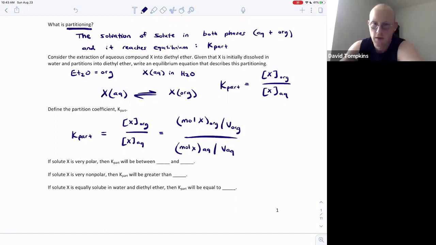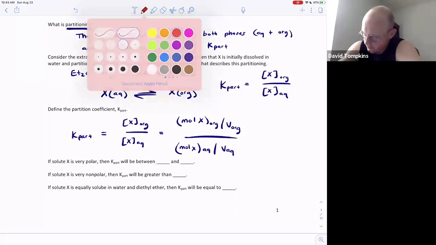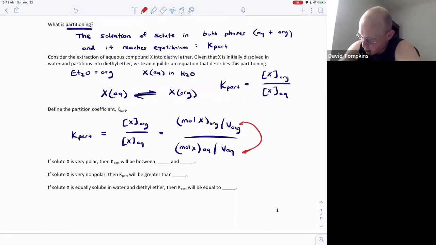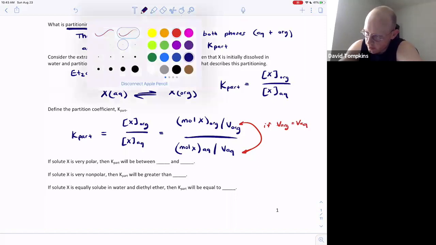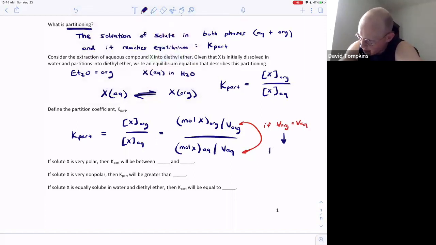If for some reason you use equal volumes of organic solvent and aqueous solvent, then Kpart will simplify to the mole ratio, moles of X organic over moles of X aqueous. That's only if the volumes are equal.